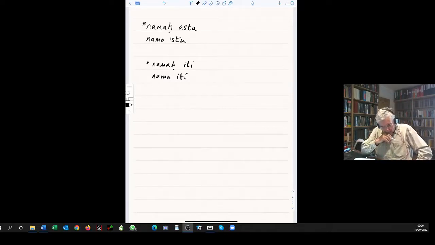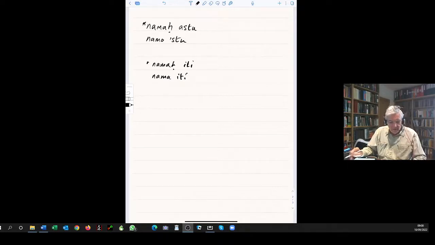What happens then when the visarga is followed by a consonant, by an unvoiced consonant? Well, happily, the rule for what happens is the same, whether it's aha, or any other vowel. So looking at the, and again this applies to them all.